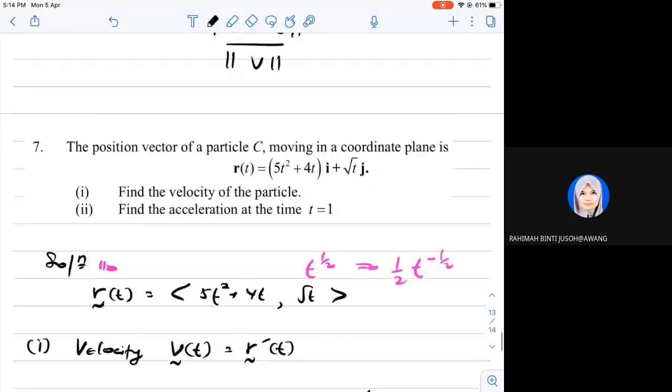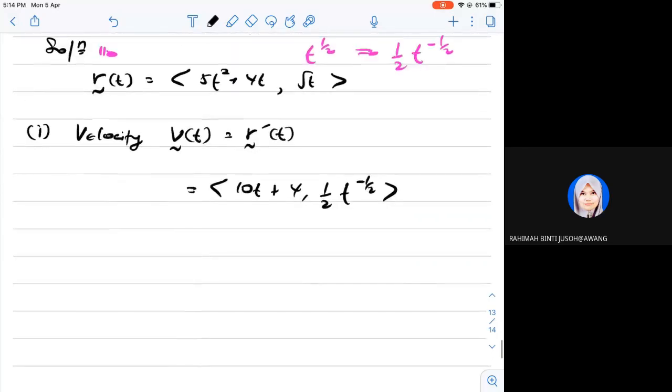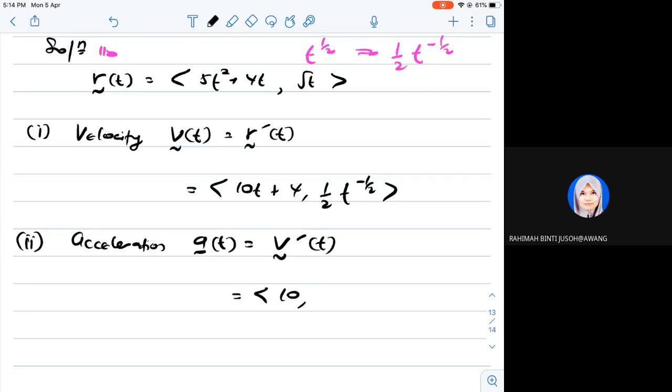Okay, and then second question, acceleration. Nombor 2 kena cari acceleration pula. A(t) sama lah dengan you kena differentiate lagi sekali your R, ataupun you have to differentiate your velocity. So differentiate 10t you dapat 10. Cara differentiate ni sama macam tadi lah.